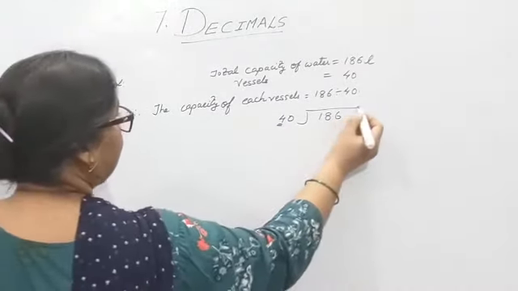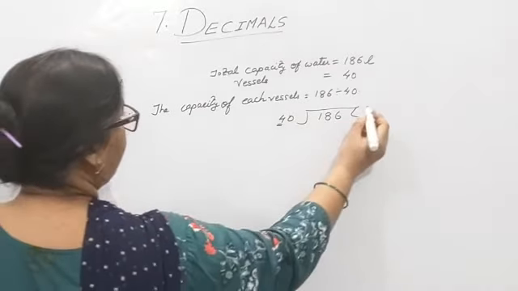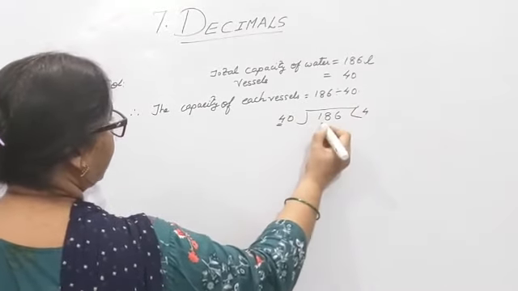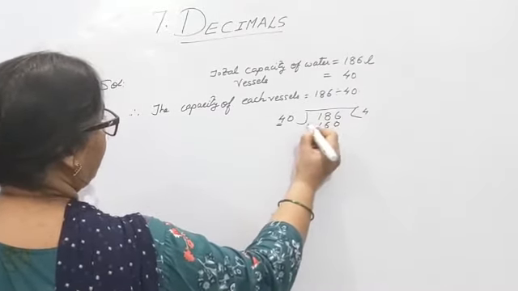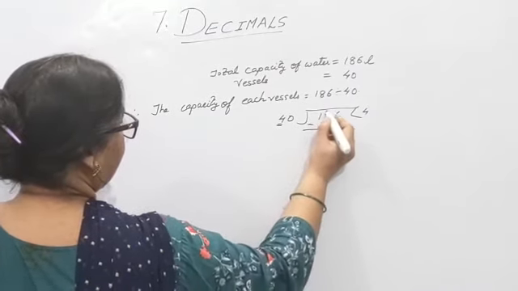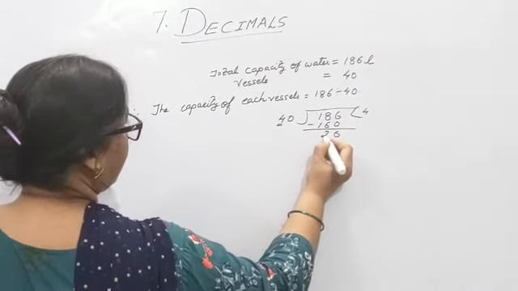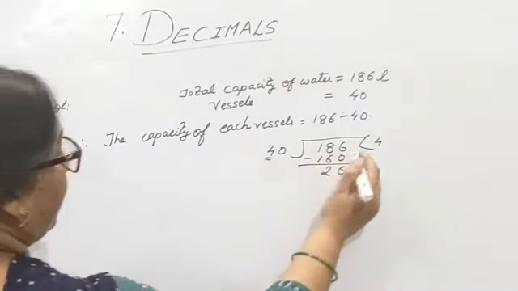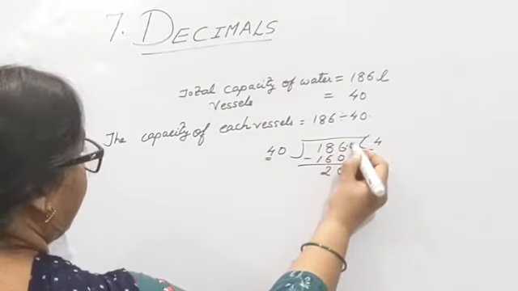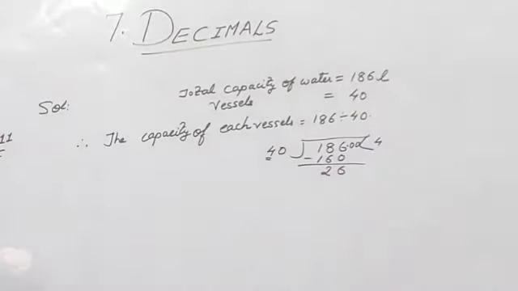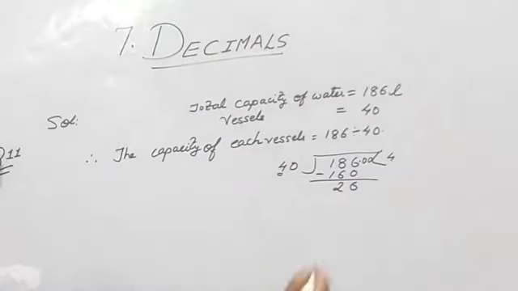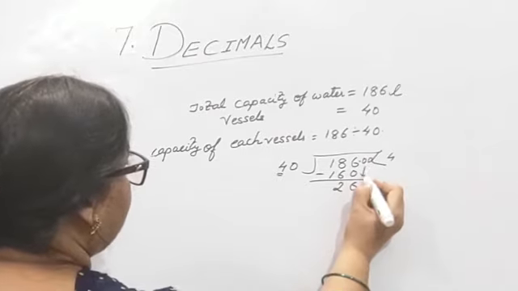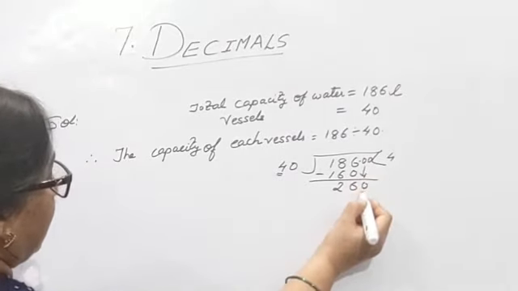Proceed. 4 4s are 16. 16 is very close to 18, so it will go 4 times. 4 4s are 16 and then 0. Minus 6. 8 minus 6, 2. As this number is smaller than 40, we'll put a decimal point with 2 zeros minimum. So add 2 more zeros. So bring 1 zero down as it is at first decimal place.